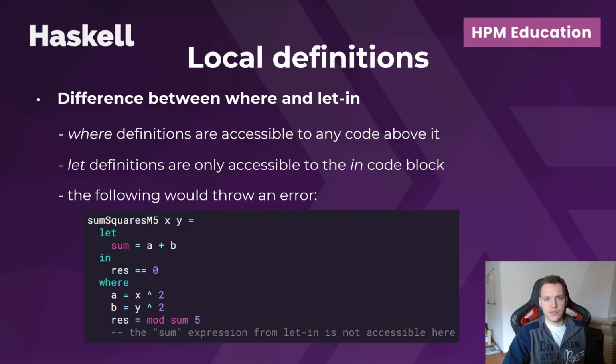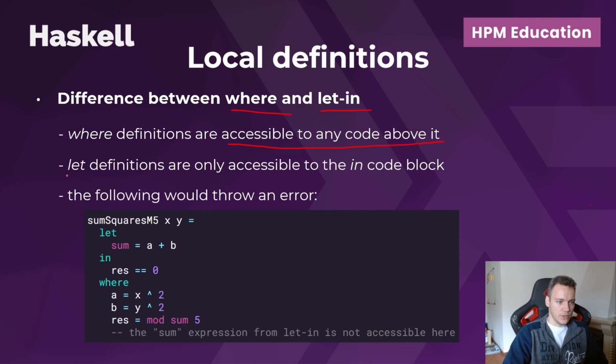So what is the difference between these two statements, where and let-in? There is a slight difference in that where definitions are accessible to any code above it. So anything we define below the where as a local definition, we can use in any code above the where.